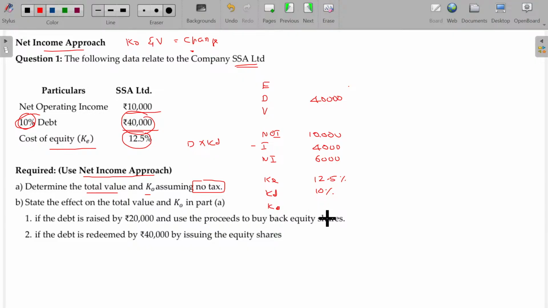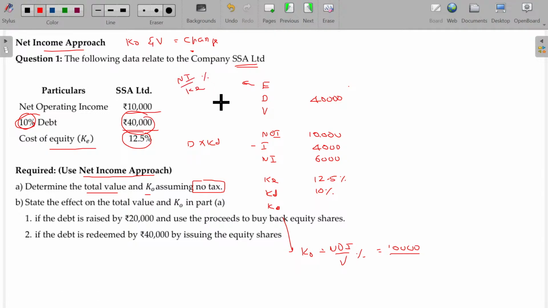Now, how can you calculate the KO? KO can be calculated this way: NOI divided by value into 100. I have NOI, but I don't know value. Then how can I calculate E? E can be calculated this way: NI by KE.